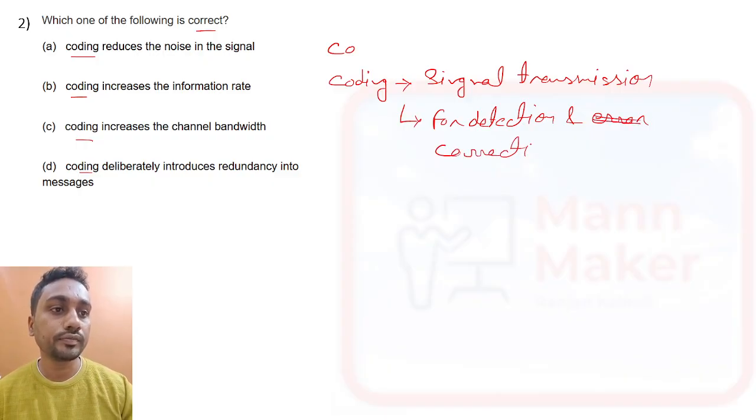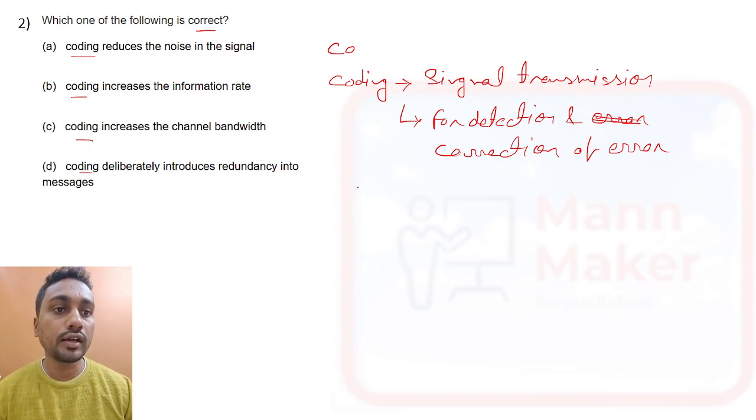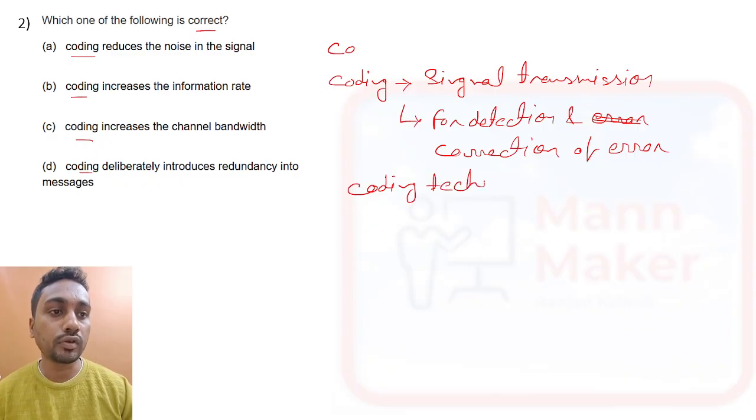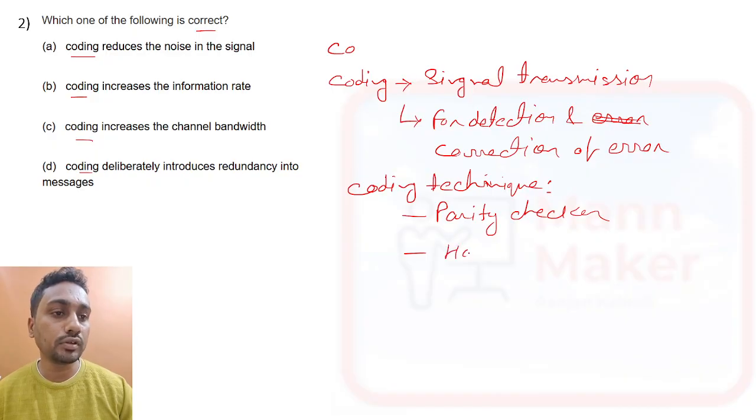For detection and correction of error, we are using coding techniques. If we talk about coding techniques, there are three types of coding techniques. First is parity checker. Second is Hamming code, and third one is CRC.